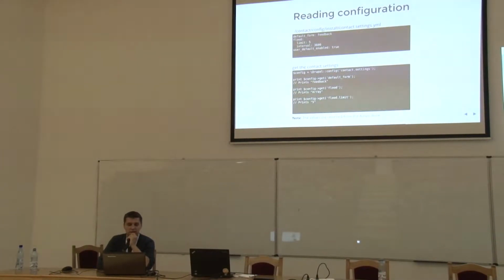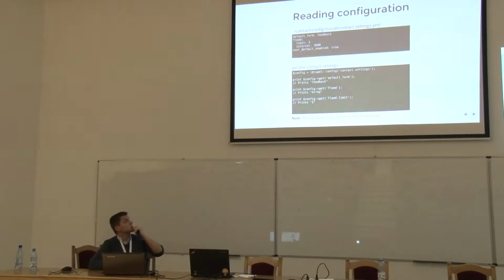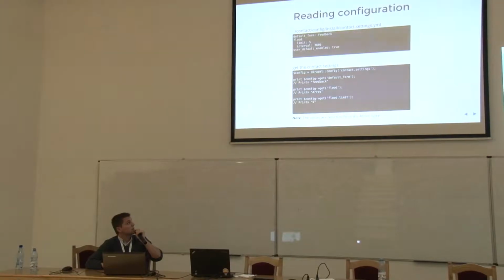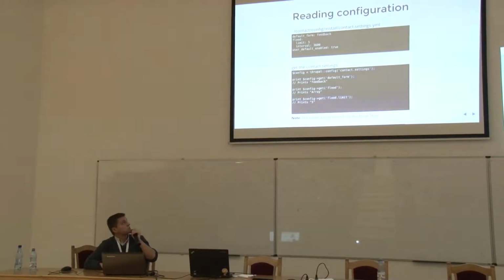Okay, so let's see how you can extract or perform some kind of operation on your configuration. Reading the configuration is done by using the Drupal config object. You have to load your configuration, as you can see here. Whatever you have as the key for your configuration, you have to use the same thing when you load by the key.